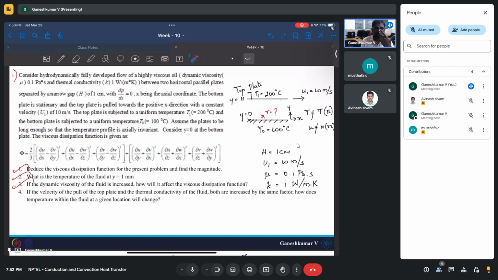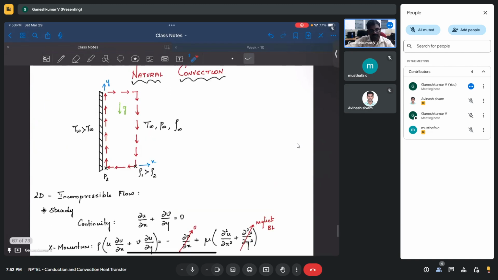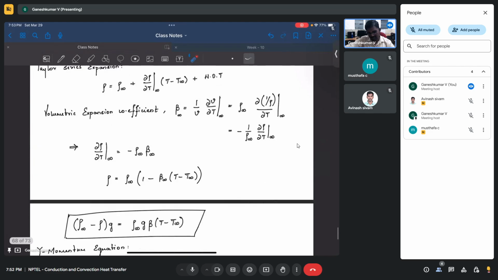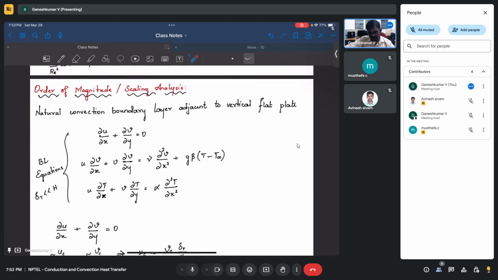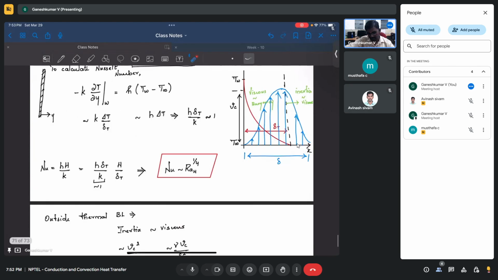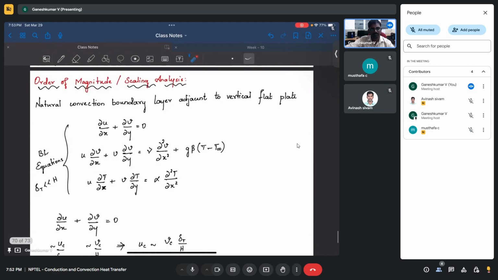If not, we will conclude today's session, and we'll meet next week for natural convection. I will probably go through natural convection again next week. This time we were in a bit of a rush, and it was not fully covered. There is also one more part that the professor will be teaching in next week's lectures, about order of magnitude and scaling analysis.